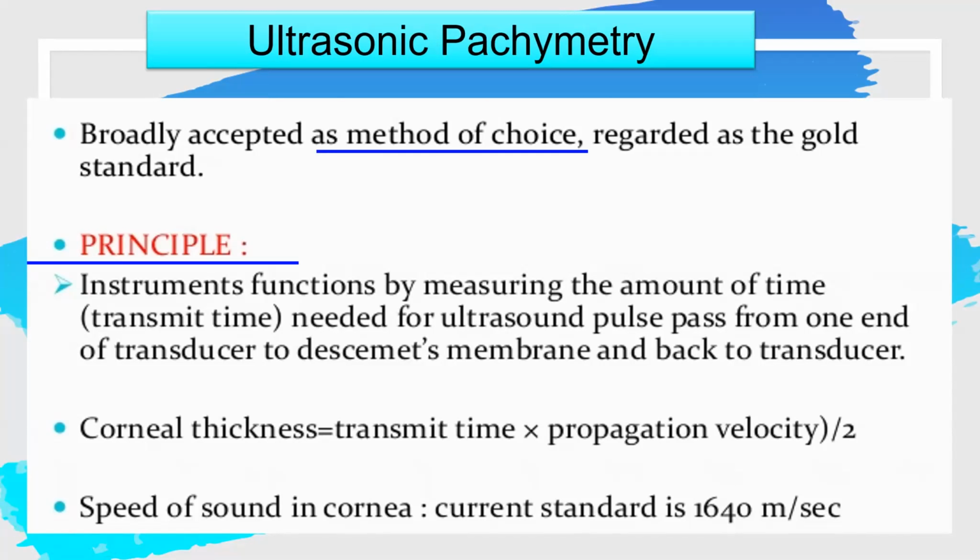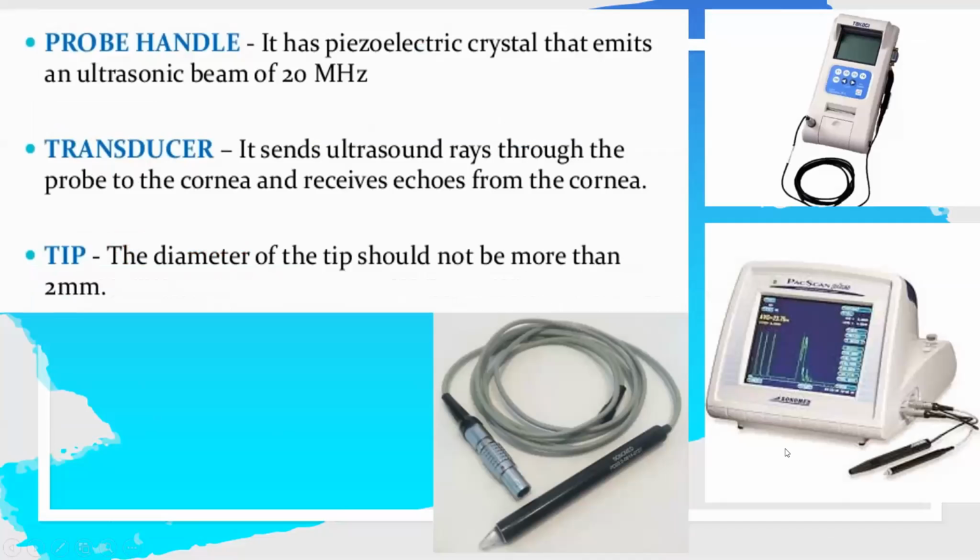Corneal thickness is then calculated by the transit time multiplied by propagation velocity, divided by 2. The speed of sound in the cornea is taken as 1640 meters per second, and therefore we can calculate the corneal thickness. This is the machine you all must have seen, the ultrasonic pachymetry machine.